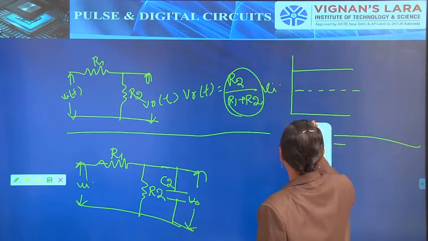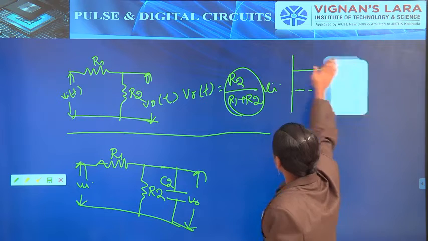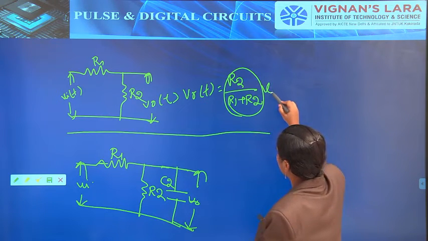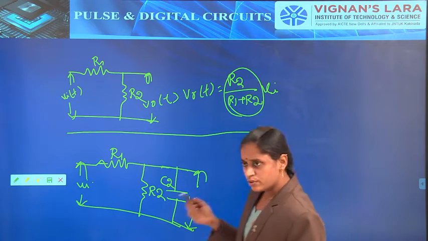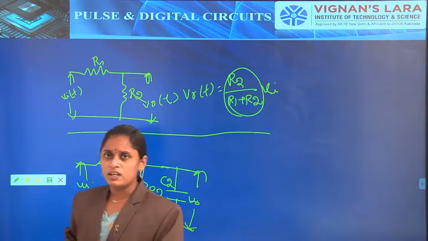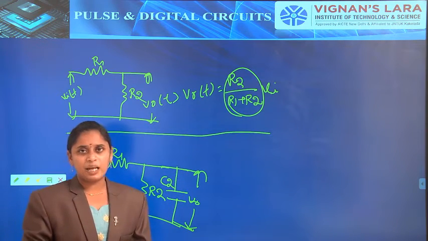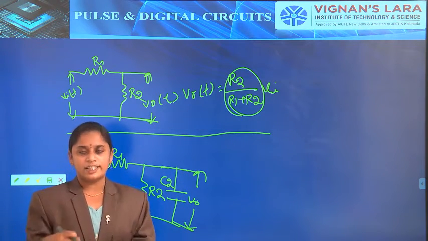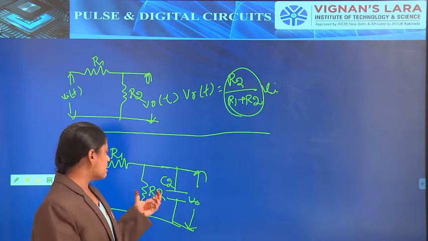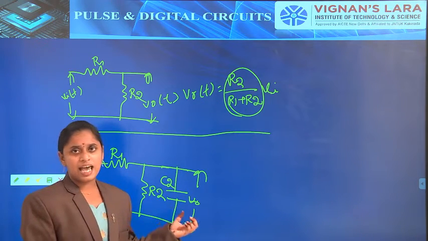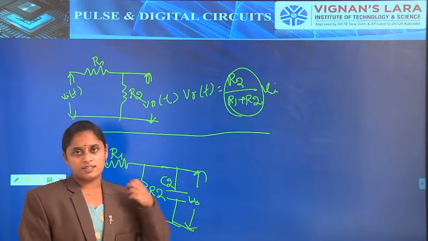But a resistive type attenuator is very difficult, or in practice we can't use this resistive type attenuator. That's why we go for practical applications. So how is an attenuator generated in practical applications? Simply, we can say that a stray capacitance is added across the resistor.